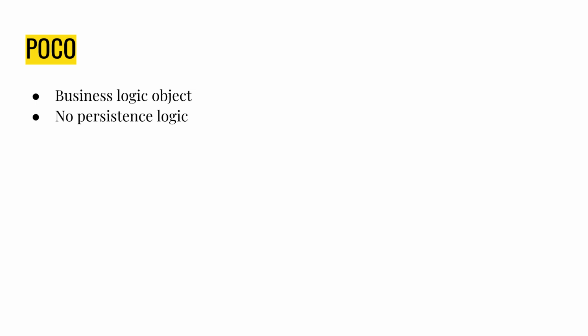POCO is a business logic object, but with one exception. It doesn't have persistence to itself. It basically serves as something which does processing. It doesn't save itself, but it can contain logic for saving something else, but not itself. That's the difference between DTO and POCO.